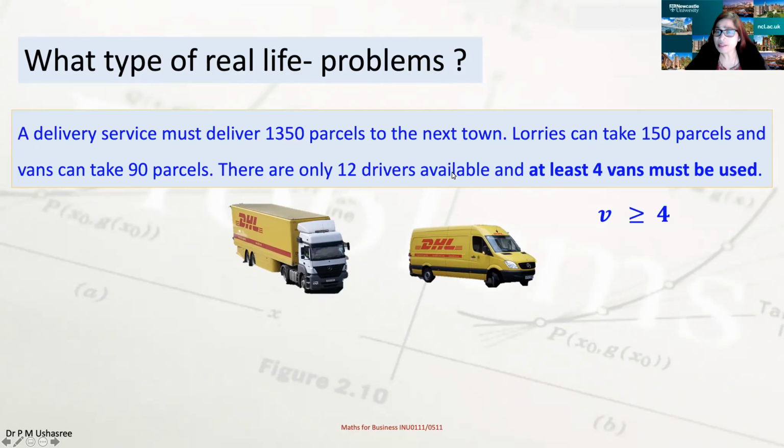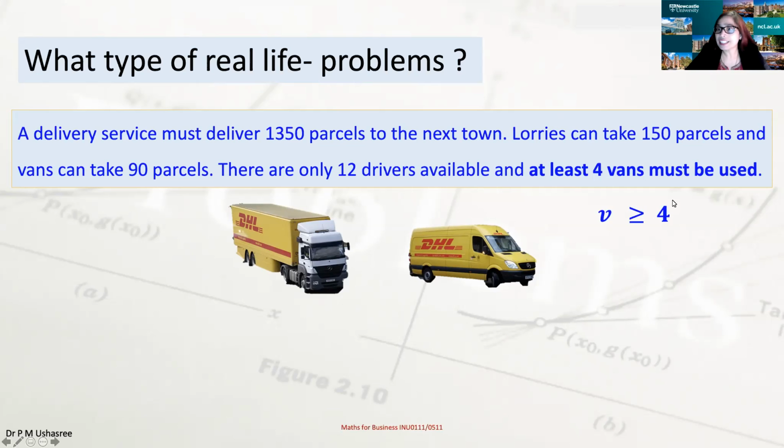Here, there are only 12 drivers available and at least 4 vans must be used. That means here we have a constraint. At least 4 vans must be used, that is, the minimum number of vans is 4. So you can have 4 or more than 4.